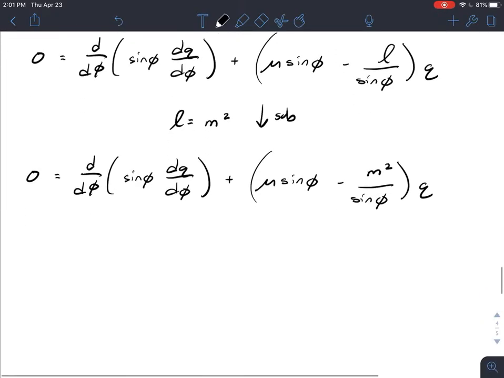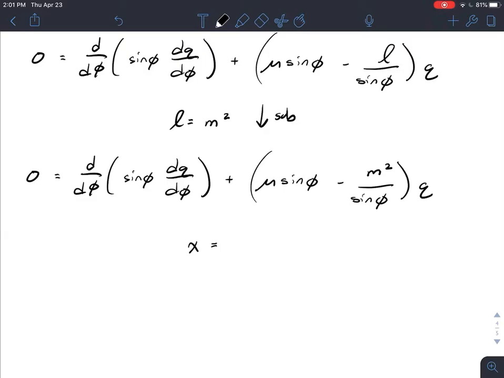M squared. Okay. So now that we have this equation so far, we're going to do a not so obvious change of variables. We're going to change the variables into x, and the reason for this is we're trying to essentially get our differential equation into the form of Legendre's differential equation.